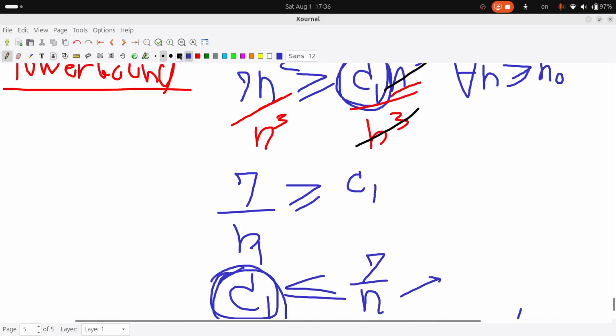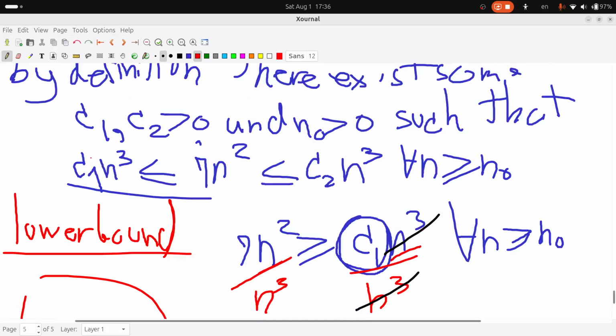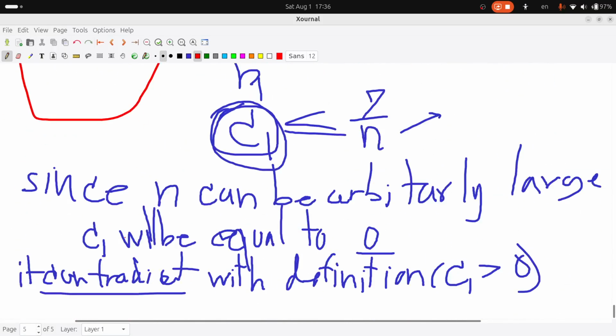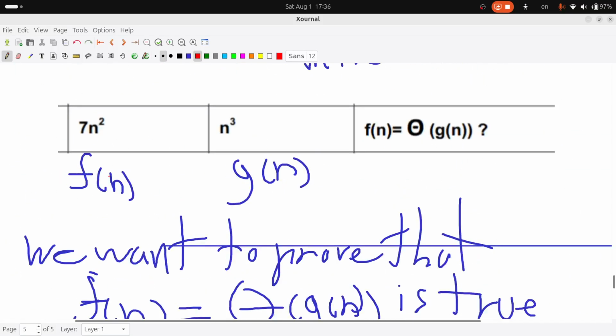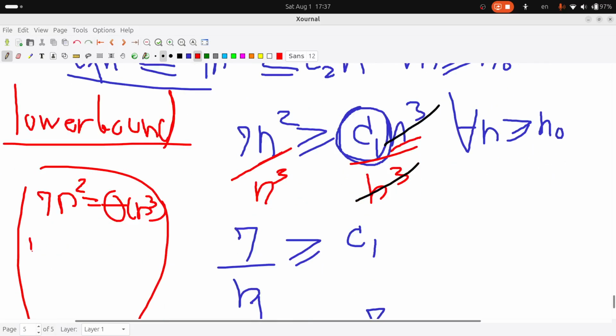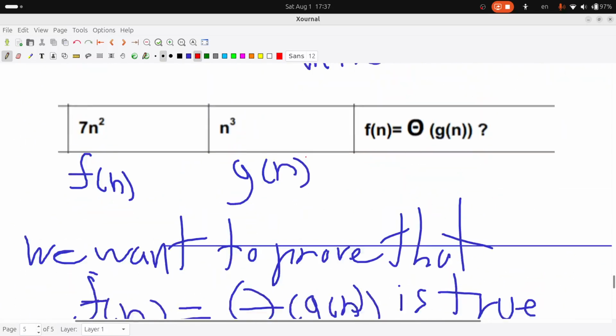So we end this proof because of the contradiction, and we say that 7n squared equals theta of n to the power of 3 is false. That's what we can do.